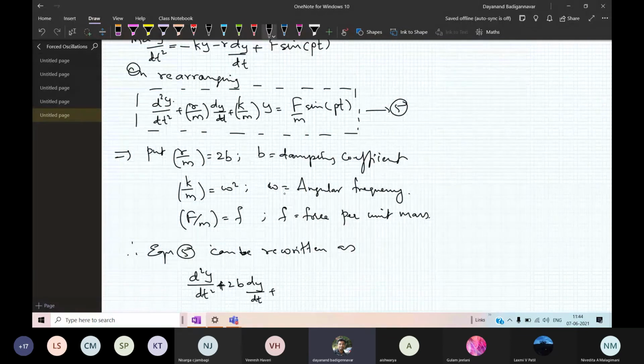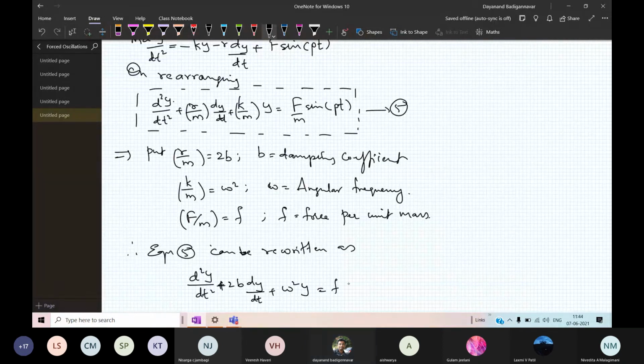What is k by m? It is omega square y as it is, and capital F by m. What is capital F by m? It is small f into sine of pt. So this is the equation for SHM, equation 6.